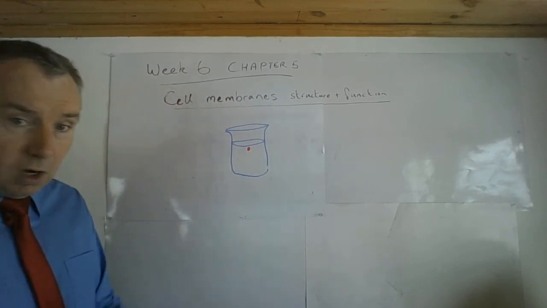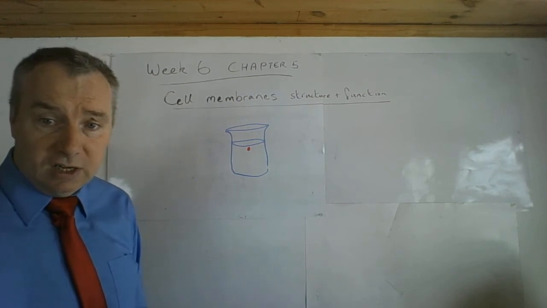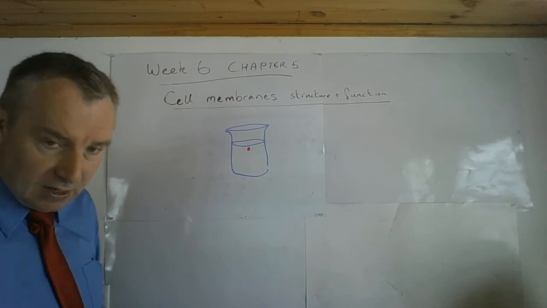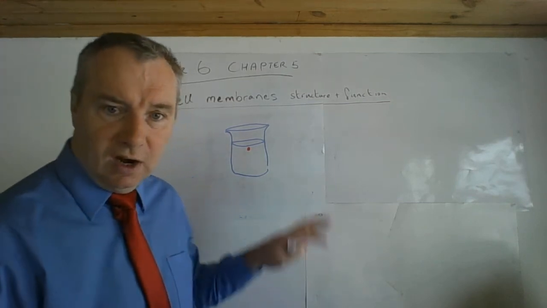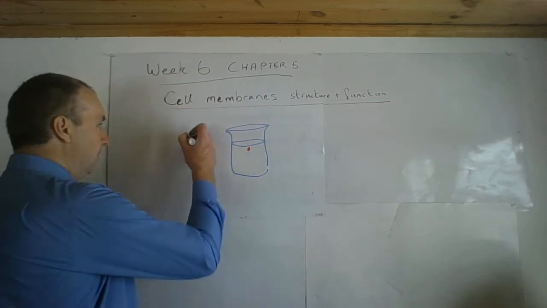Well, right here the dye is highly concentrated and there is none or less of it out here, and slowly but surely this entire thing will become pink. This is called diffusion.